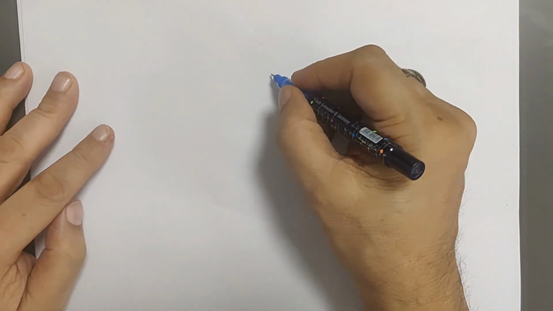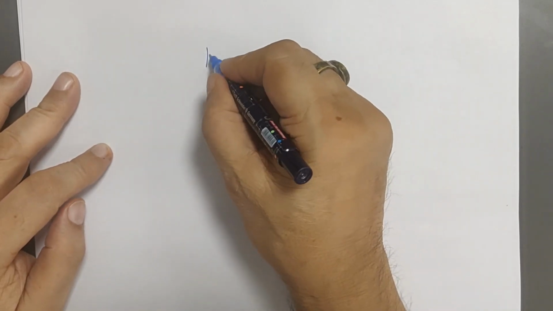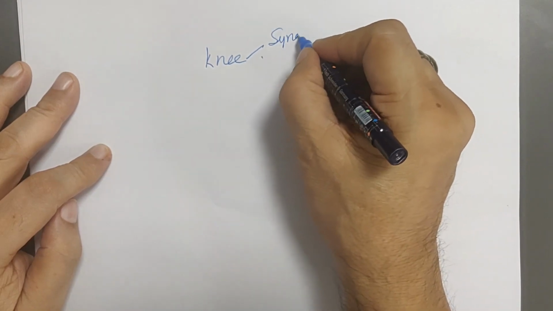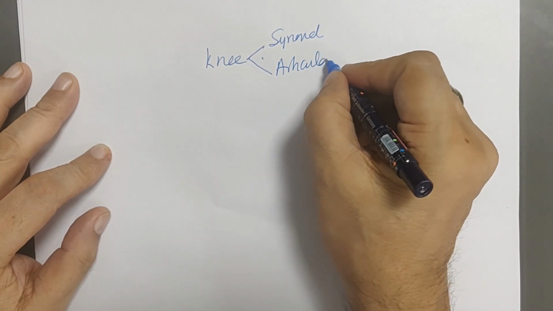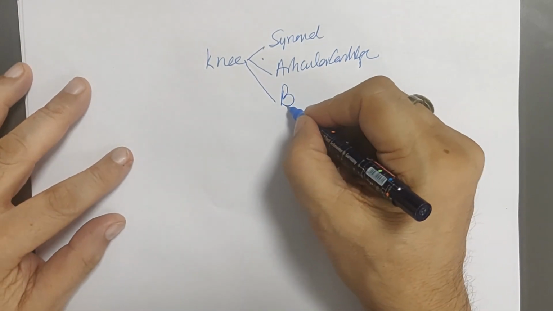Now the tuberculosis of the knee. In the knee, again it is synovial, articular cartilage, and bone.